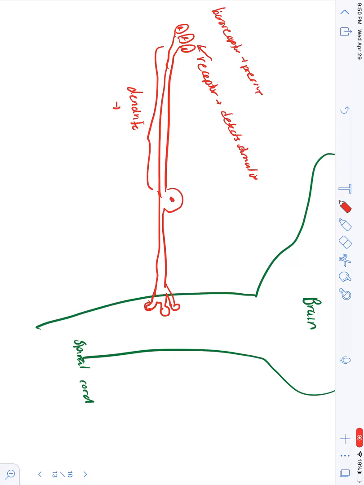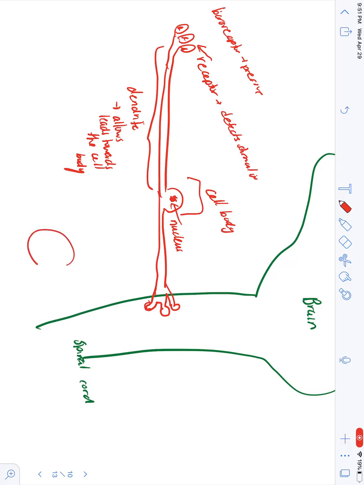This is called a dendrite, and the definition of a dendrite is that it always leads towards the cell body. This part is called the cell body, and that's because this part has a nucleus inside of it. Remember, this is like a cell, like when you talked about cells in Science 10, that cell had a nucleus and cytoplasm. Well, so does this cell. Inside here is cytoplasm, except this cell looks funny, right?